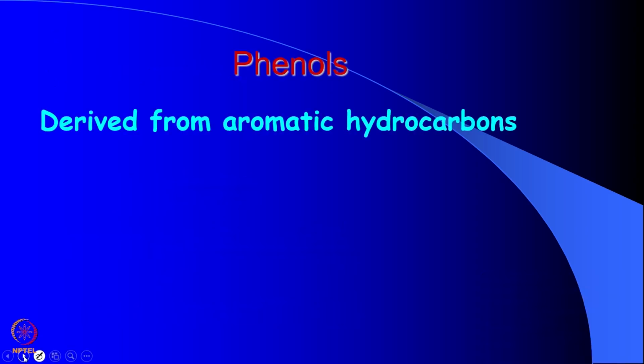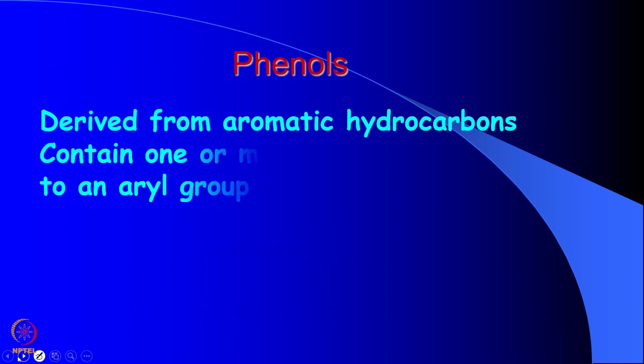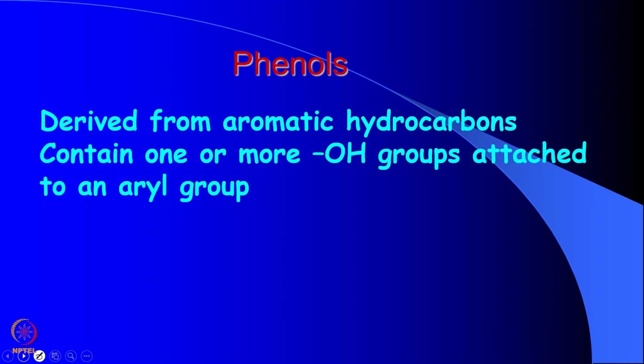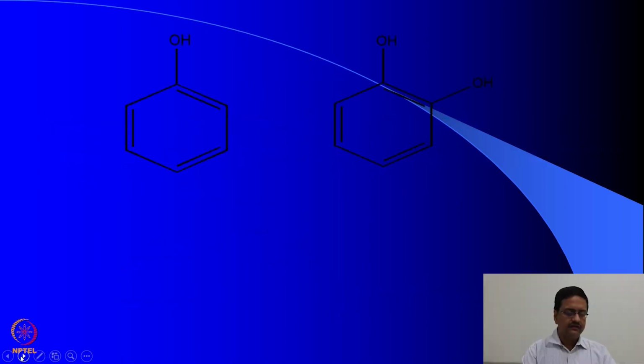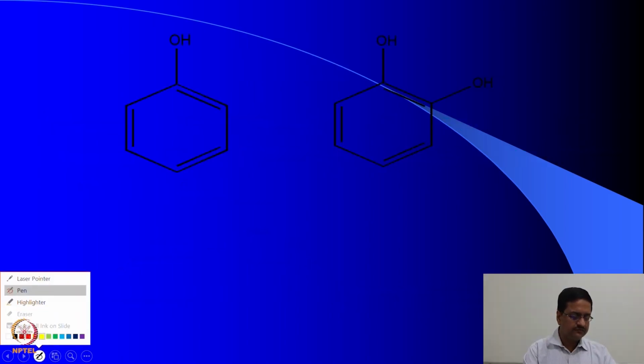The other class of compounds containing OH group are the phenols. These are derived from aromatic hydrocarbons and contain one or more OH groups attached directly to the aryl groups. So, we write it as ArOH, and a common example of that molecule is phenol. So, here you have 2 molecules which are having these OH groups.